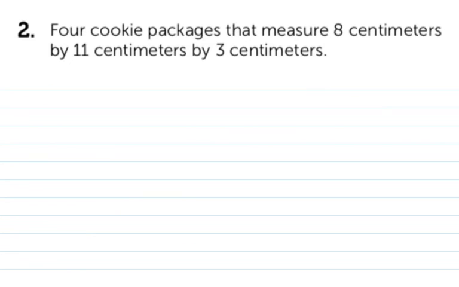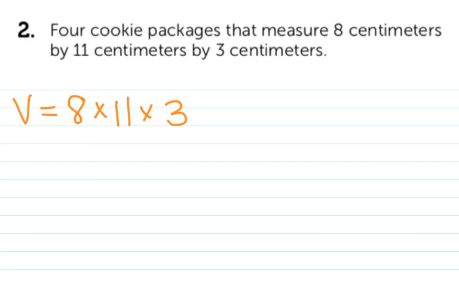It says we have 4 cookie packages that measure 8 centimeters by 11 centimeters by 3 centimeters. So to find volume, again, we do length times width times height. We don't know which is which here, so we can multiply in any order. We'll do volume equals 8 times 11 times 3.